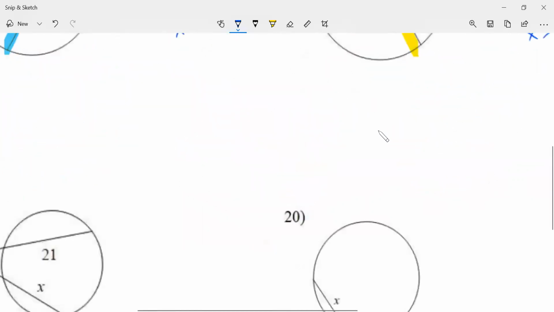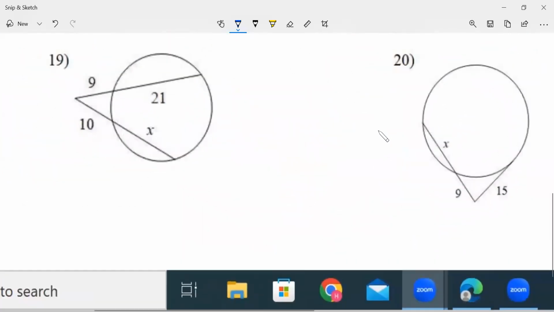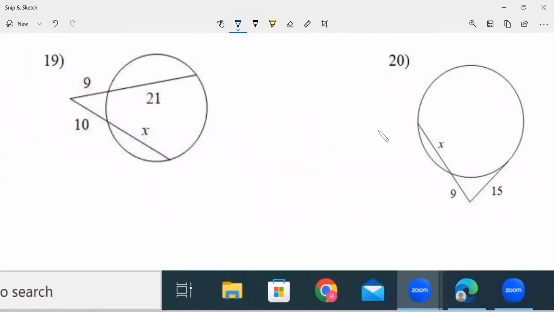Now the question is, what happens when my segment is outside? Okay, now this is going to be a little bit more work, okay? Let me take a look at this segment. And the first thing that I see is how much of the segment is outside of the circle. So 10.